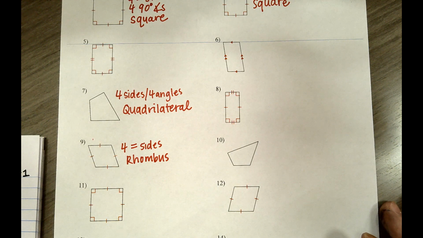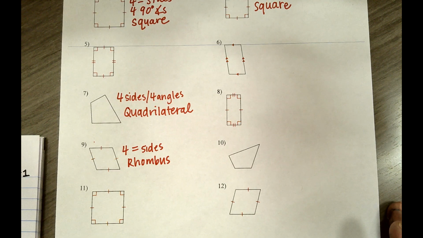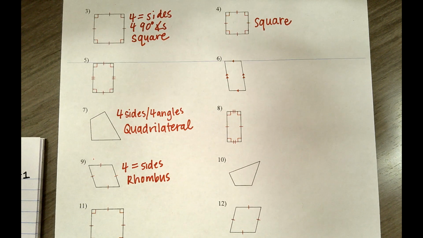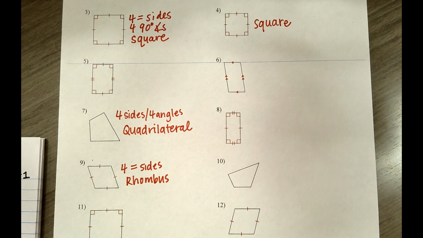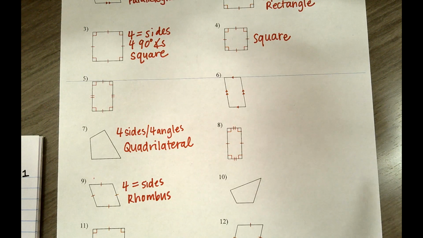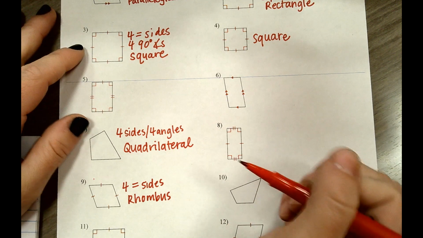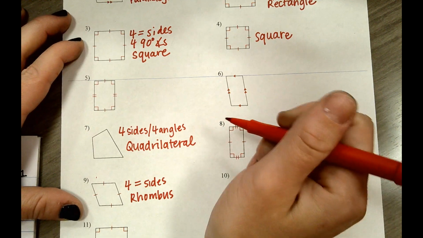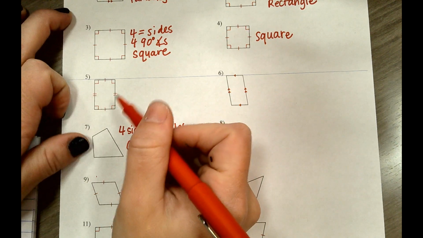In about 5 minutes or so, we will look at these together and then I'll give you a break. So I'm going to pause this for a minute and let you work on that. I've had most of you come and show me your papers now, so I'm going to start giving these answers. If you're not done yet, keep working, but this way you can check and see what you got right or wrong when you finish.